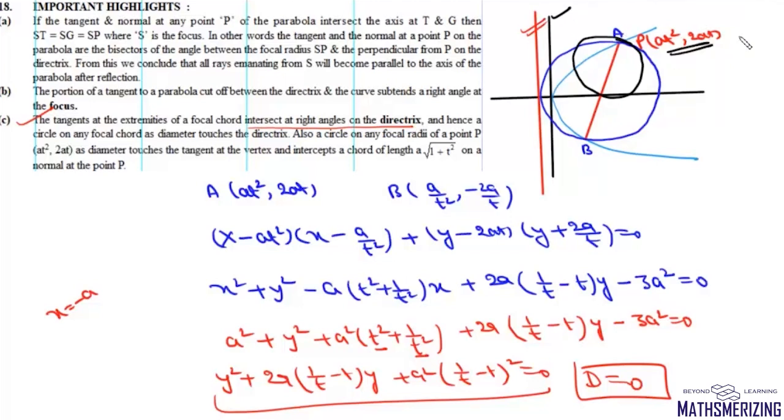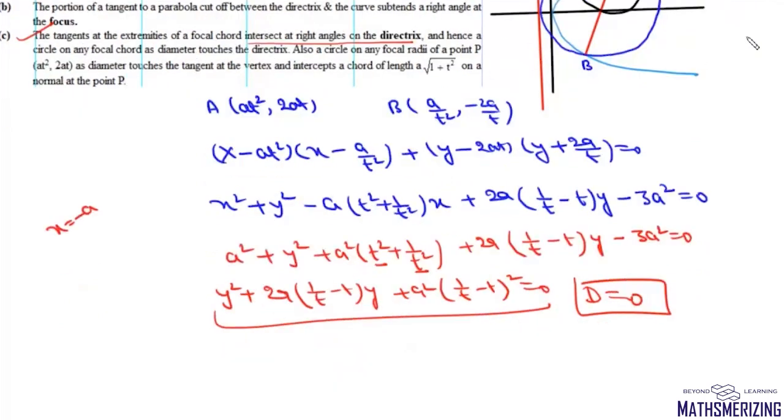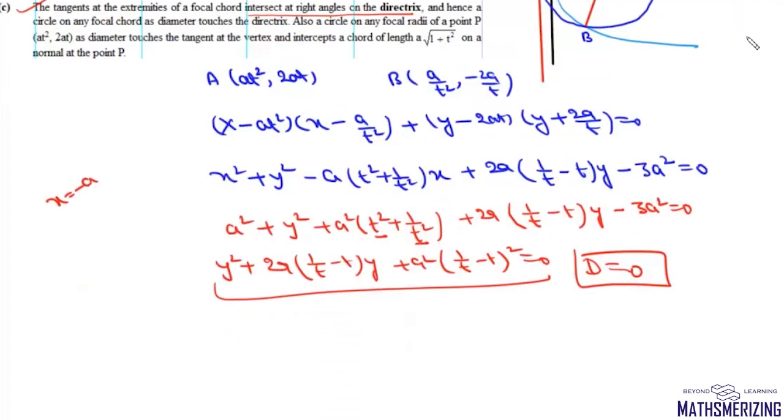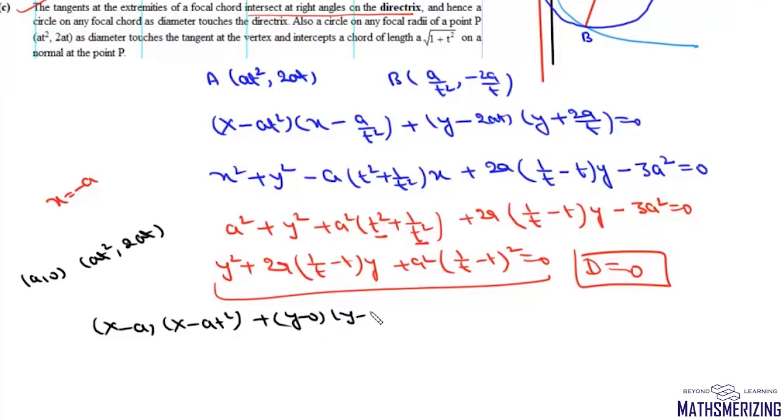So we know that for this circle, the end points of the diameter are (a, 0) and (at square, 2at). So the equation of the circle here will be (x minus a)(x minus at square) plus (y minus 0)(y minus 2at) is equal to 0.